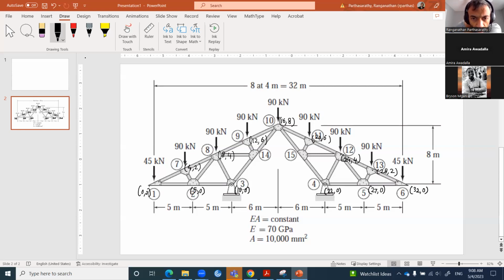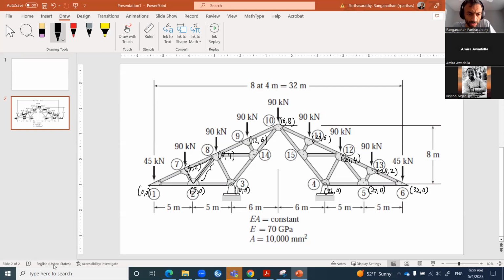So for 14, we can check this length. Now this distance and this distance we know, so we can find this length. Let's do a distance formula, square root of (x2 minus x1) whole square plus (y2 minus y1) whole square. Calculator.